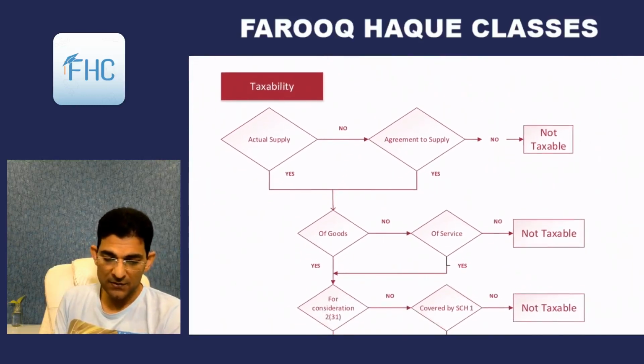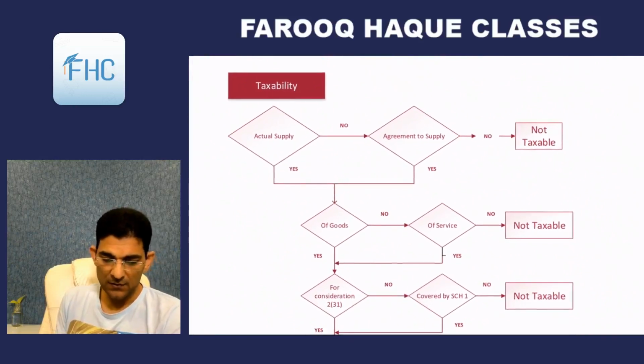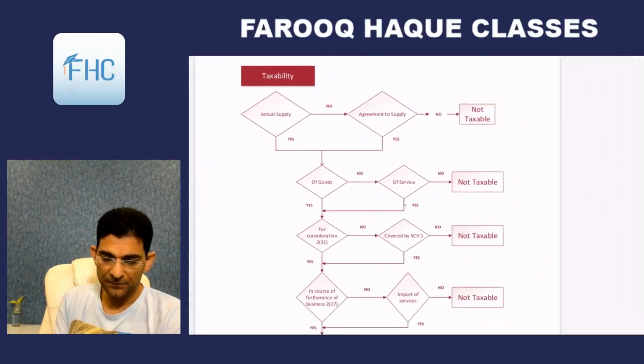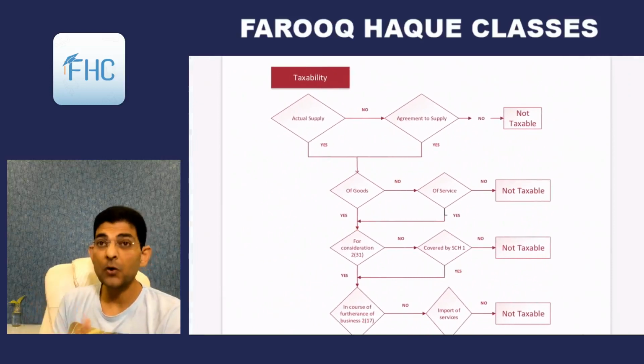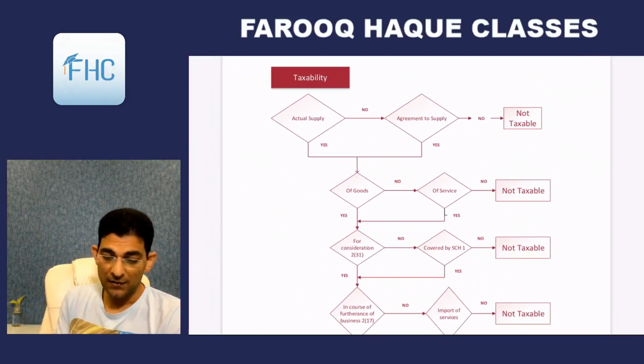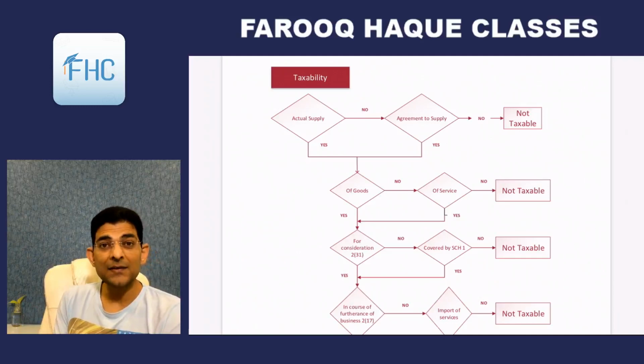And then a simple flow chart is given regarding taxability, means whether something is to be called a supply or not. So you have to just keep answering yes and no, and you will find your answers. Like the first question: is there an actual supply? Answer may be yes.